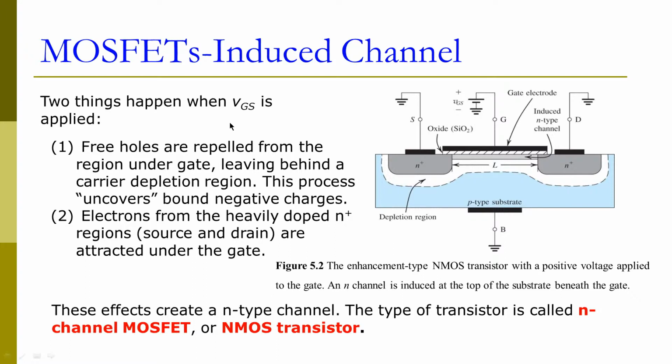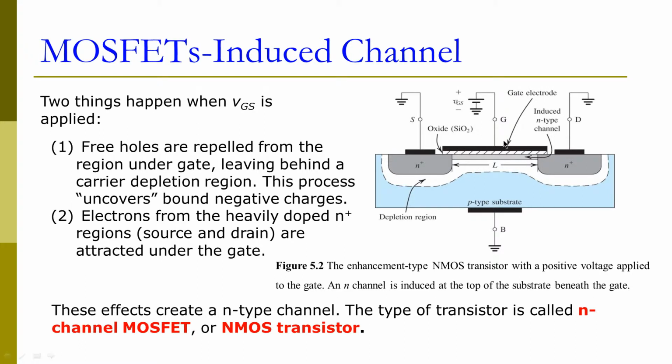Two things will happen if we apply a gate voltage. If we apply a positive voltage here on the gate, we are going to form an electric field. And this electric field will push away those positive charges, right?